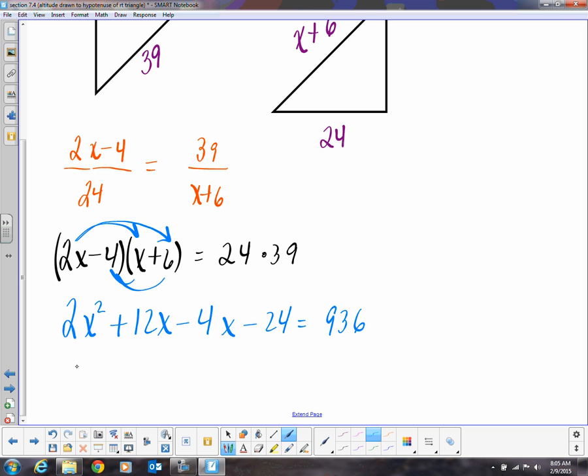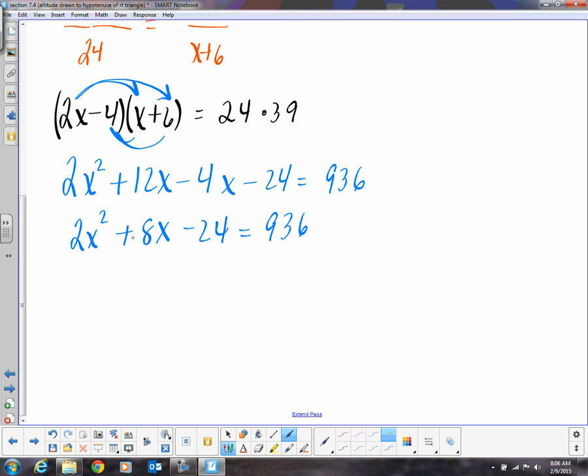So now we're going to have 2x squared plus 8x minus 24, all right, equals 936. When you have a quadratic, which this is to the second power, this is to the first power, we have to have this side be 0. So you've got 2x squared plus 8x, and 936 minus 24, I believe, is 912. 6 take away 4, 3 take away 2.